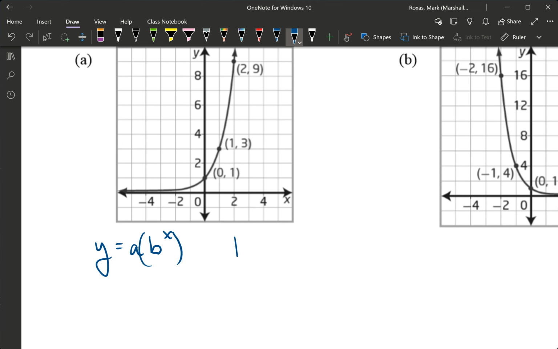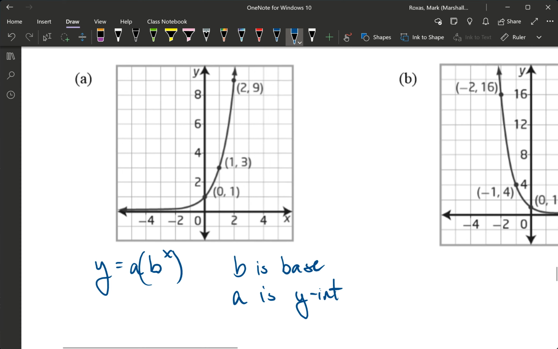What you have to remember is that b is your base, and a is your y-intercept, or initial value. Now, in order to determine the base, you're going to need to look at consecutive y values. So let's look at the y values.